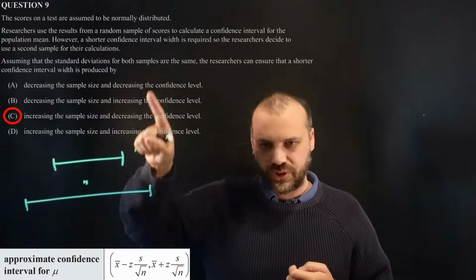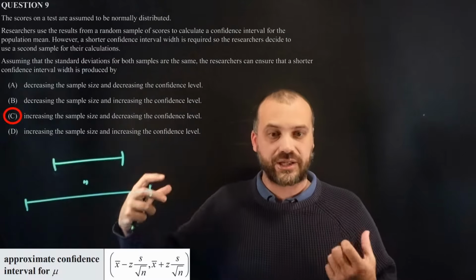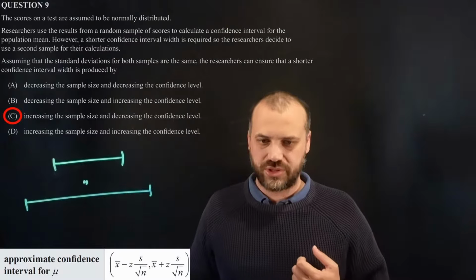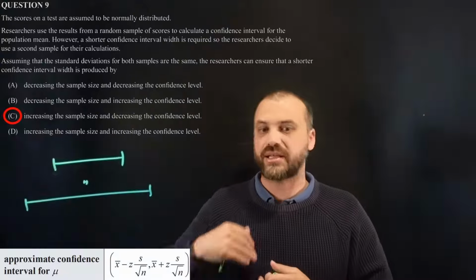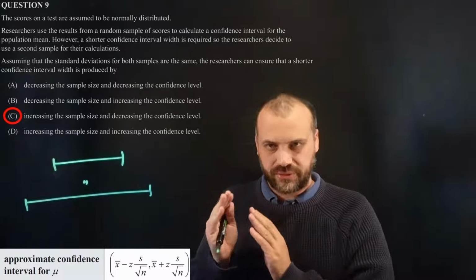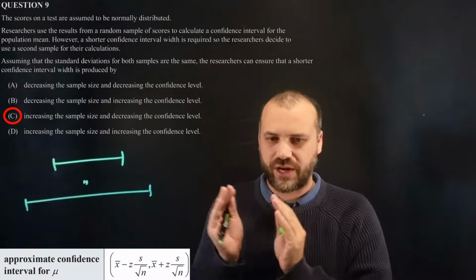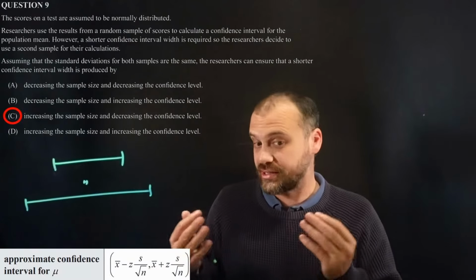When you come across questions like this, you can ask yourself, okay, if I make n larger, what will happen to the size of my margin of error, Z s over root n? If I make that n larger, what happens? That fraction, something over a larger number, gets smaller, right? If I make n smaller, that fraction gets larger.